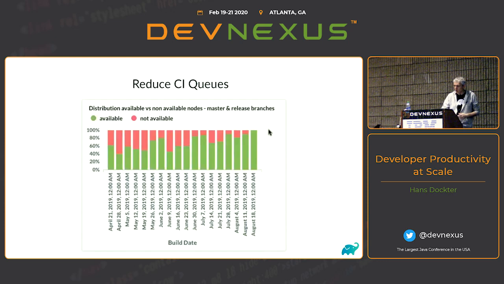Okay, so another nice aspect of build caching is it takes a lot of load from CI in terms of compute resources. So this is a real graphic from a company with 150 engineers, and they're measuring how many CI builds have to wait for an agent to be available, right? And you could see before they introduced build caching, it was 40 to 50% of the CI builds had to wait for an agent.